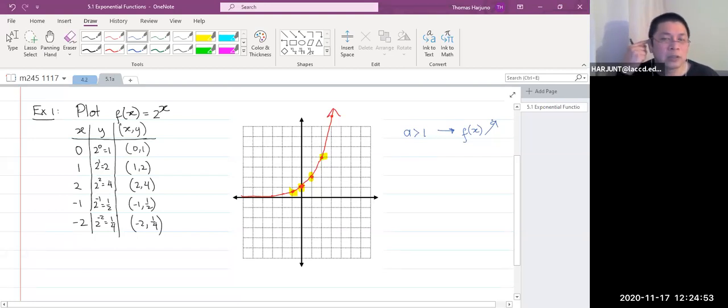And because this function is increasing, then from what we learned in chapter 2.7, the function is 1 to 1. You can try. Every horizontal line will touch the graph at most at one point.